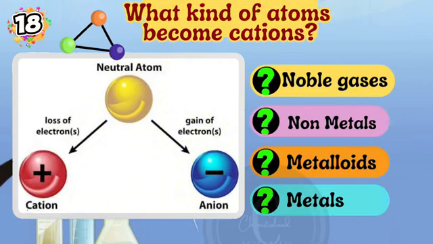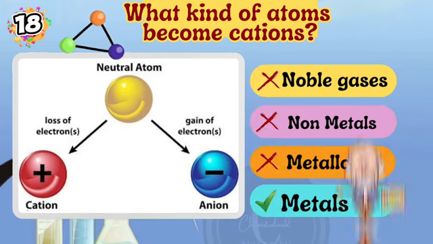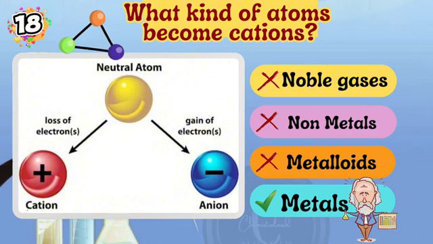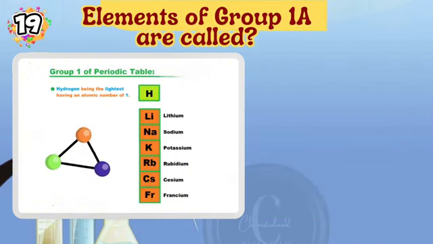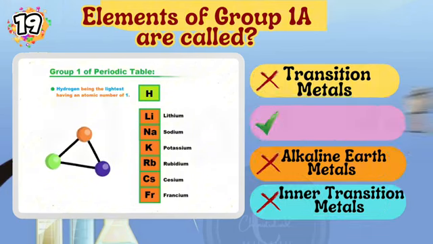What kind of atom becomes cation? Metals convert into cations after leaving electrons. Elements of group 1 are called... alkali metals.